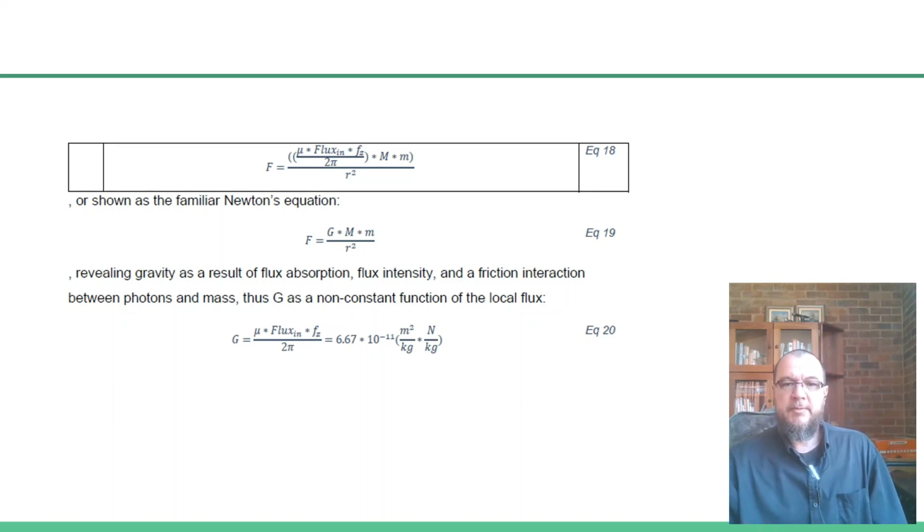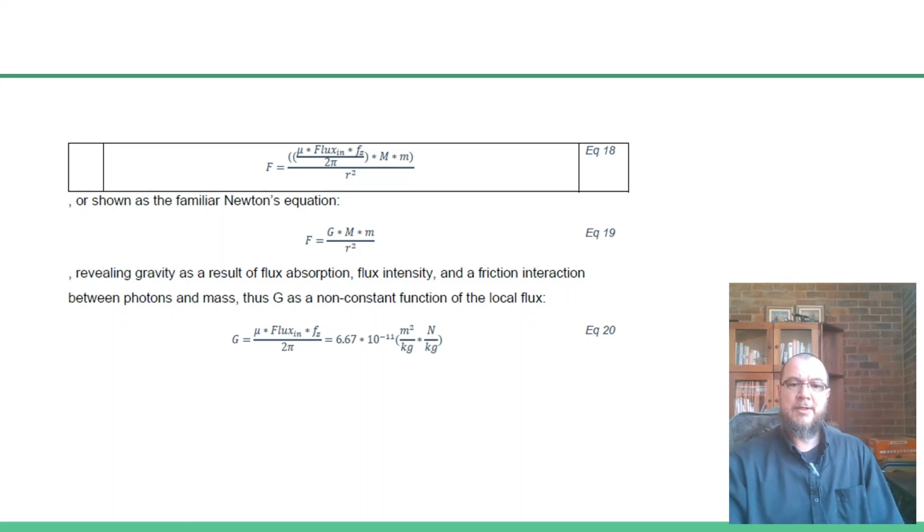The result of the mathematical equations, by assuming absorption into mass and a flux coupling with mass, leaves us with the resultant equation that looks like this. This may seem like a huge shortcut, but please have a look at the paper, which shows everything step by step. Comparing this to Newton's equation, we see that the equations look remarkably similar except for the value of G. Here, by the assumption of flux, we have derived Newton's equation.